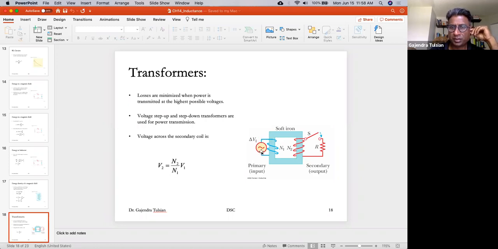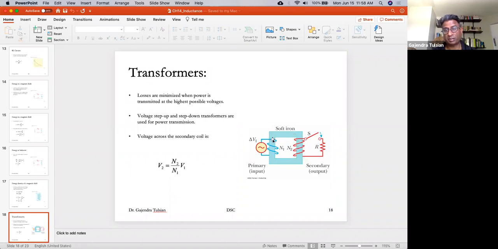Here is an AC source connected to N1 number of turns. And this is soft iron, a magnetic material that couples the magnetic field strongly to a nearby loop. You see, this loop doesn't have a battery. So this AC source is changing the current in this loop, which is in turn changing the magnetic field in this loop.